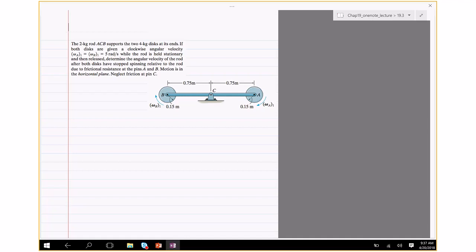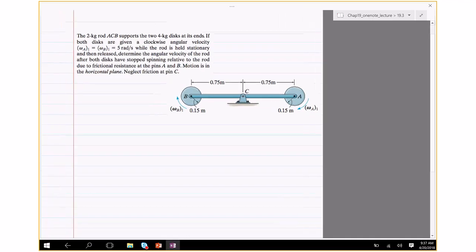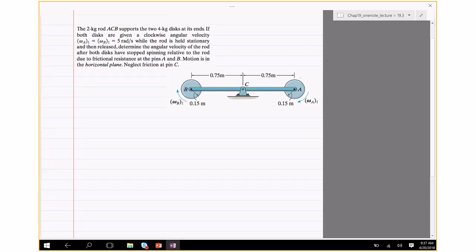Okay, the 2 kg rod ACB supports the 2 4 kg discs at its end. So this is 4 kg, 2 kg.